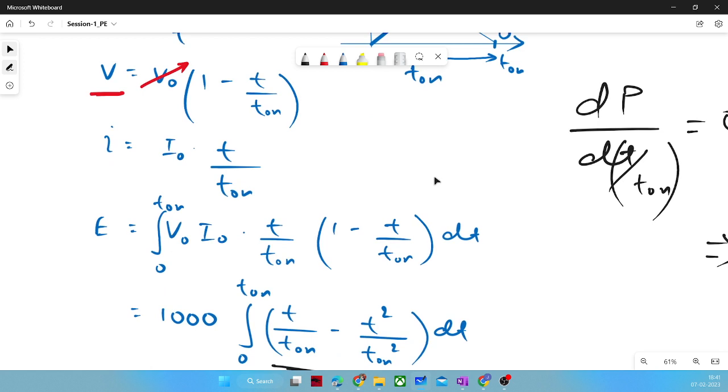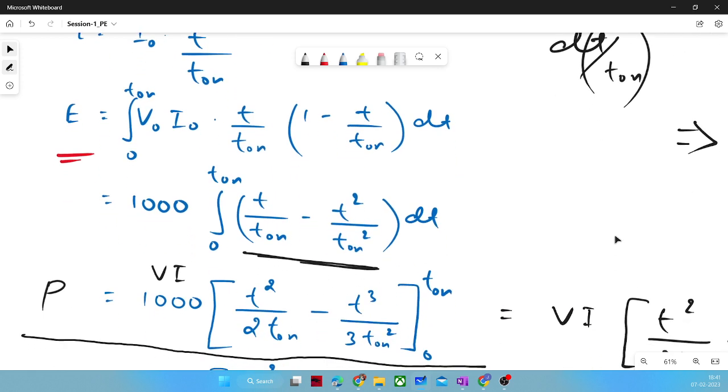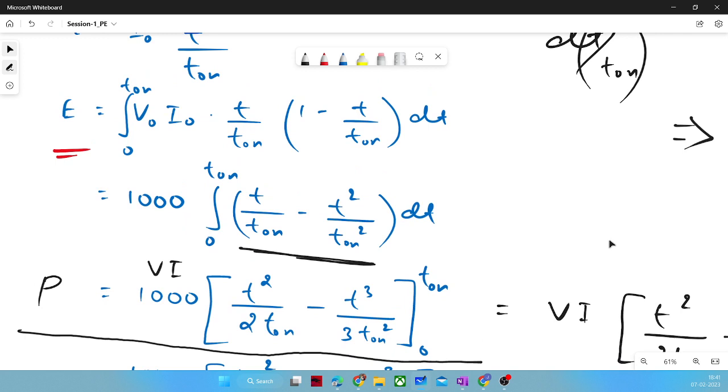We can integrate and we will obtain the energy lost during those periods. Okay, so that's what I did here. We computed energy lost for that period, and we know the relationship between energy and power. If you multiply energy by the switching frequency, or divide it by the time period, you will get the power.